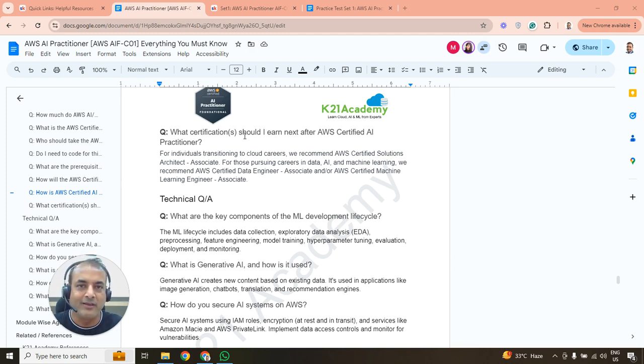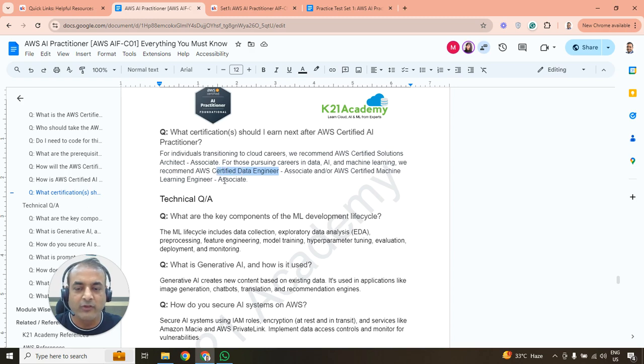If you want to focus your career on data engineering, go for AWS Certified Data Engineer. If you want to focus on machine learning and AI data science, go for Machine Learning Associate. If you want to build your career as a solution architect, administrator, or cloud engineer, go for AWS Certified Solutions Architect Associate.